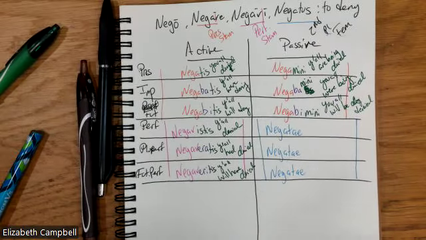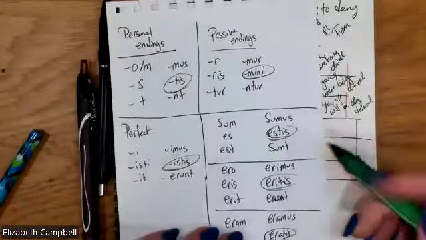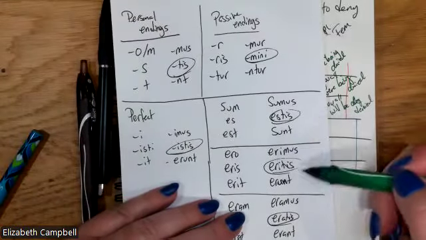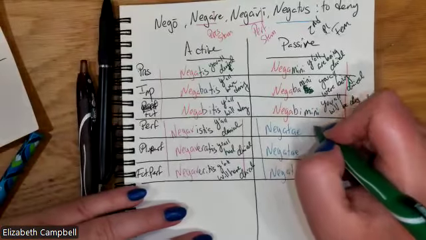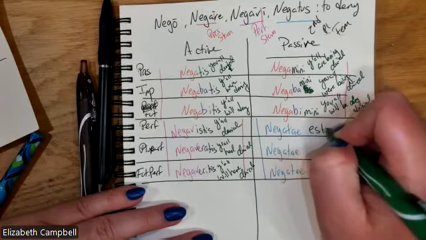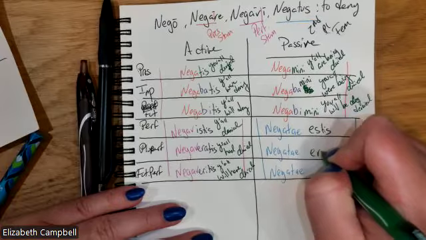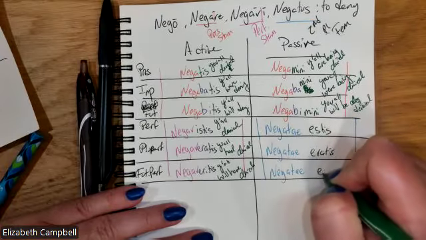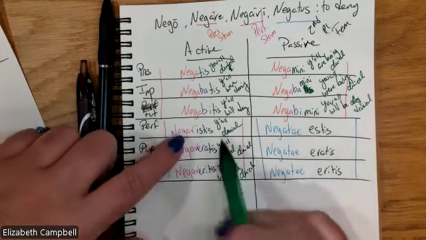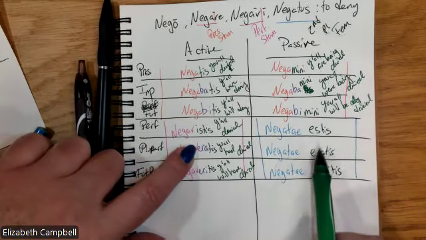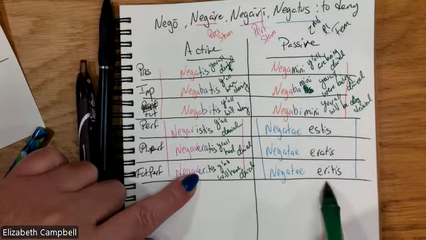This again is going to take us back into the sum territory, and this is where the estis, eratus, and eritus come in. So this would be estis, eratus, eritus. By the way, the eratus here is the eratus here, and the eritus here is the eritus here.